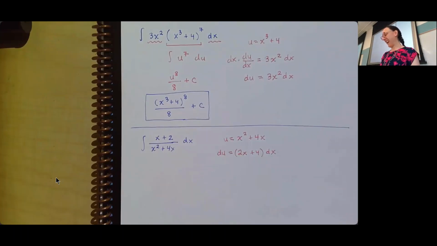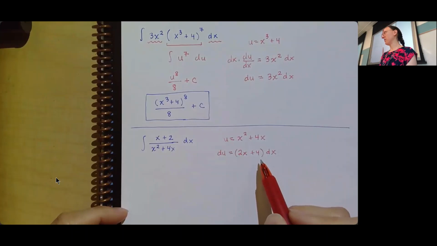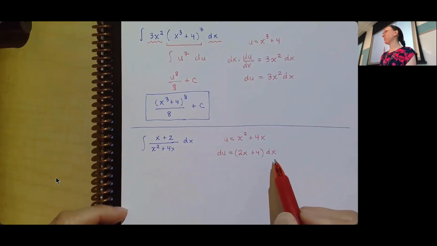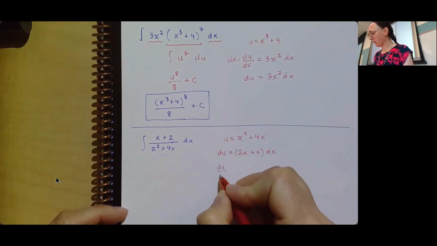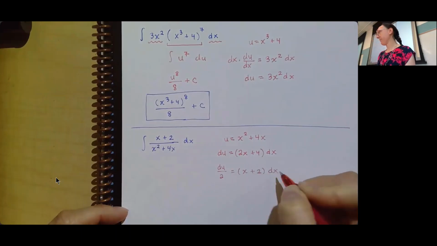I'm not quite there yet because I don't have a 2x plus 4. So I'm going to divide both sides of this equation by 2. And I'm going to say that du over 2 is equal to x plus 2 dx.